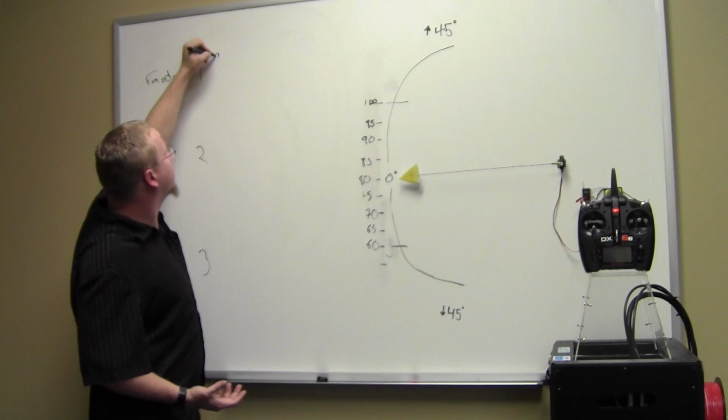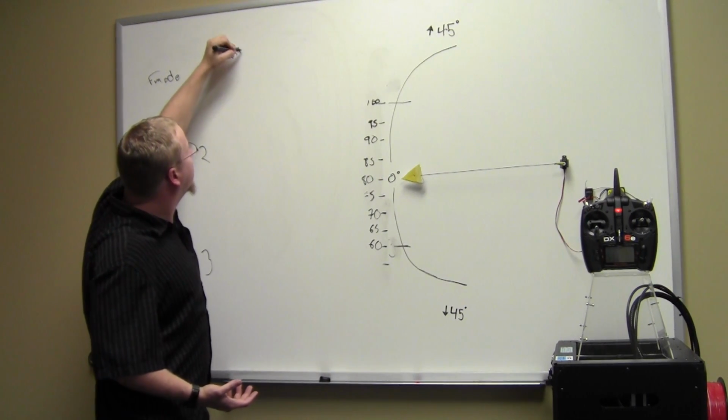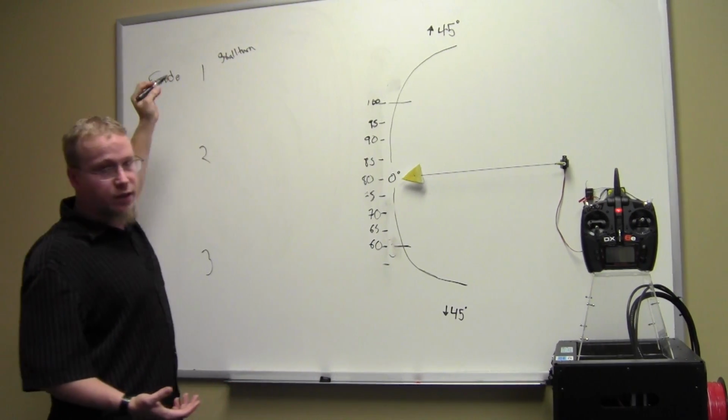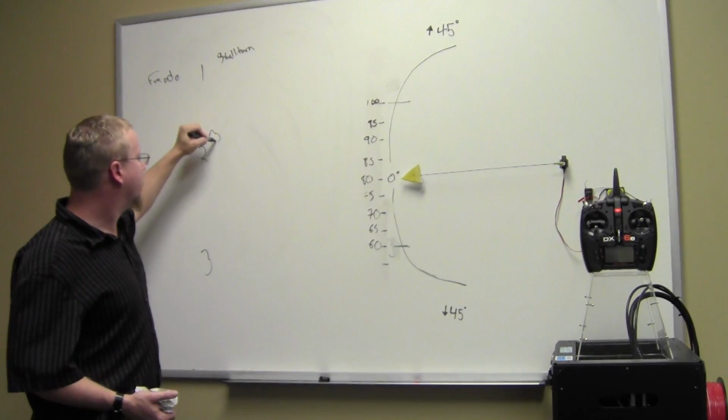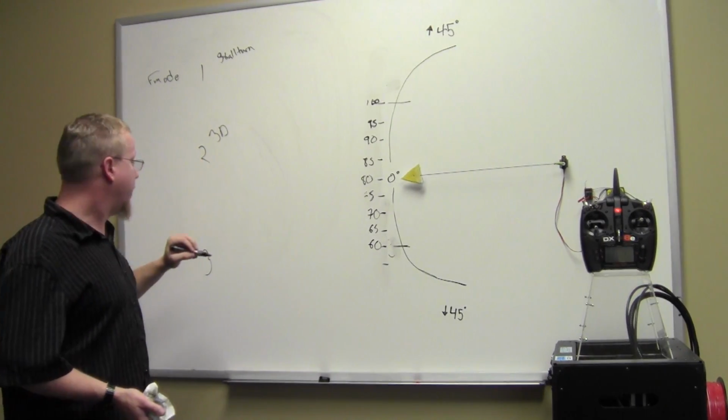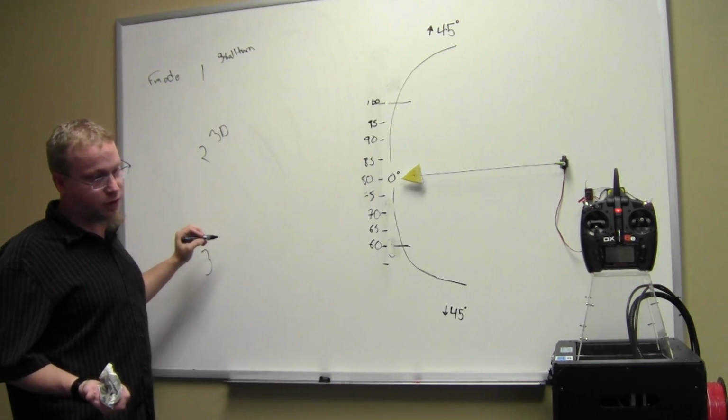Let's say number 1, stall turn. All right, that's our stall turn flight mode. And then flight mode 2 we'll say is our 3D flight mode, because we're flying a 3D plane. And then number 3 we can have be our landing mode.